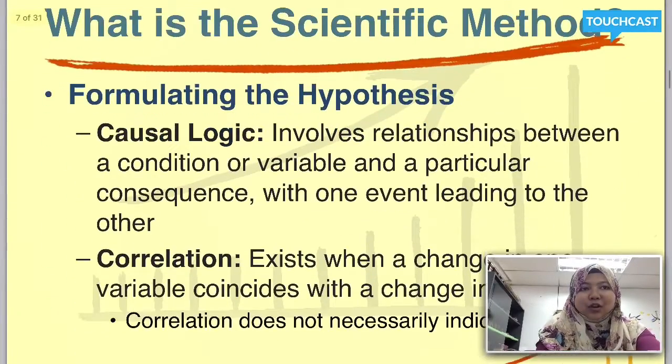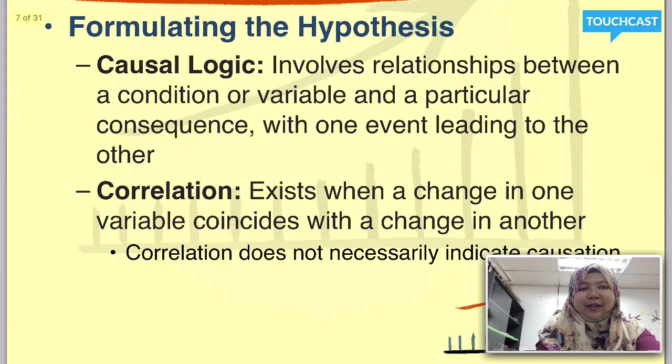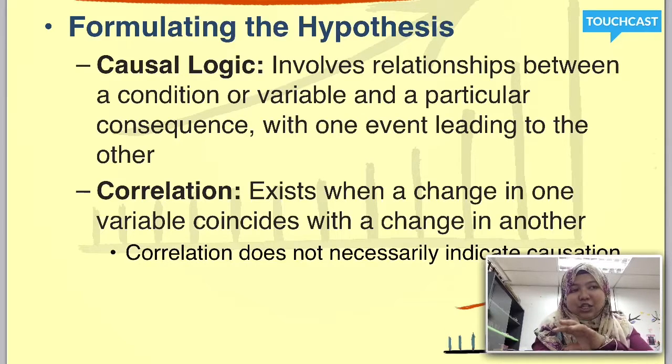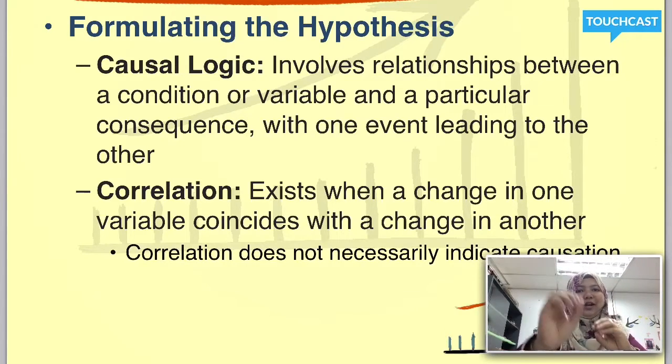Okay, so next moving on to more explanation about the hypothesis. You can formulate the hypothesis in two different ways. First is causal logic, second is correlation. Causal logic involves a relationship between a condition or variable and a particular consequence, with one event leading to another.